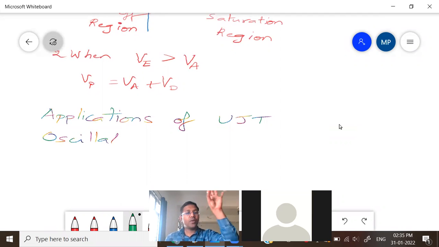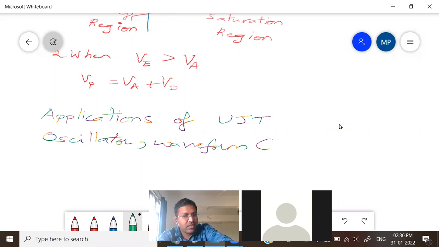Let it be tunnel diode, let it be UJT, the negative resistance region has these two applications. Because it has negative resistance, it is useful for these two applications.